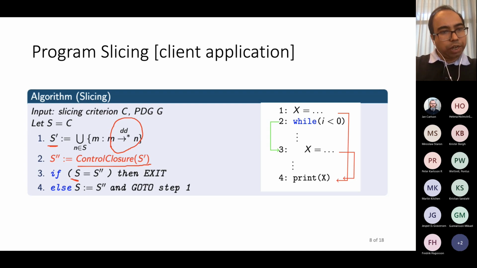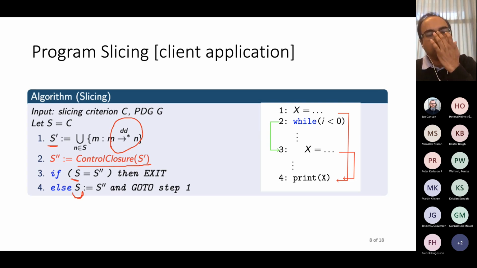At the end, we check if this S double prime is equal to S or not. If they are equal, we reach a fixed point and exit from this computation. Otherwise, we iterate this process again and again. Since the control flow graph is finite, it will terminate, of course. At the end, we get a subset S of control flow graph nodes, which is the slice of the program, depending on the slicing criterion C.